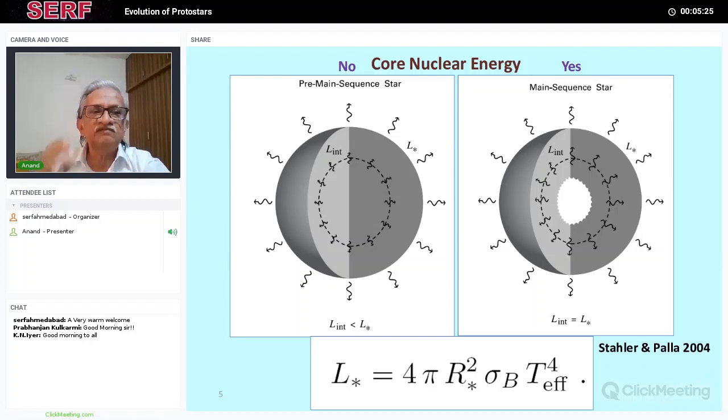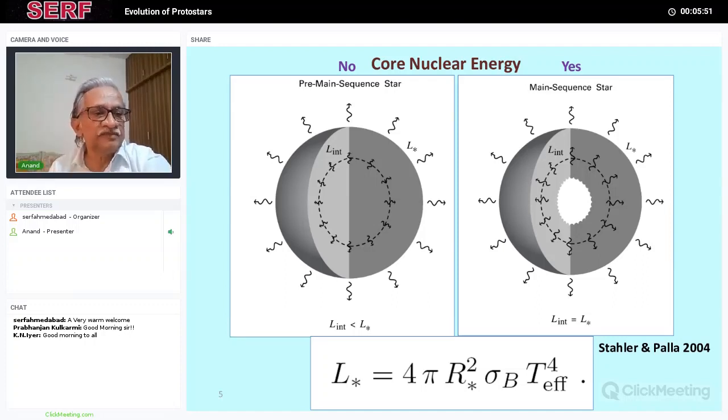That heat energy is the one which is sustaining it. If you take a solar mass object and only the heat energy from the contraction has to sustain it, through the Kelvin-Helmholtz time scale, it can only last for about a few times 10 to the power of 7 years.